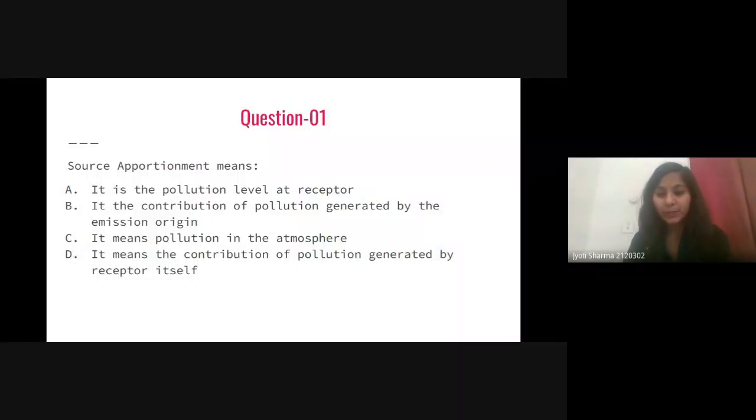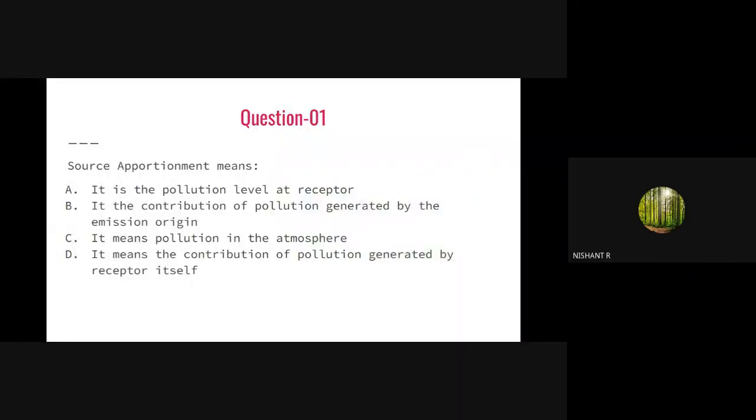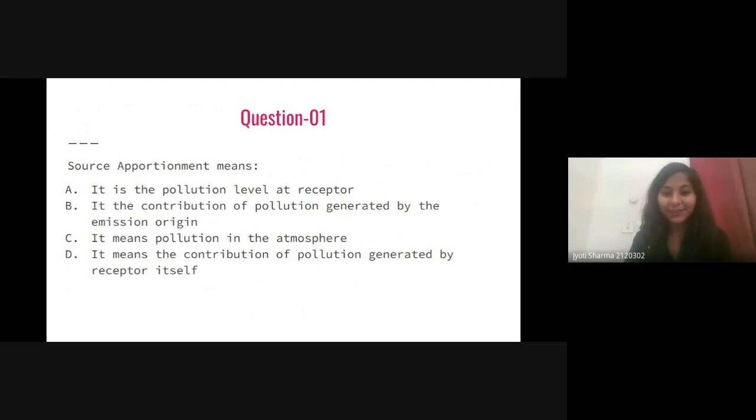This is related to the definition of source apportionment. What do you mean by source apportionment? Is it B or D, ma'am? Okay, so you have to tell me what's the difference between B and D, and which one you think is the right answer.